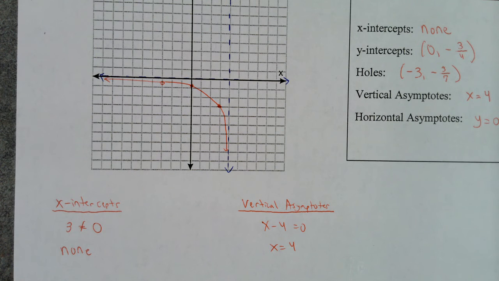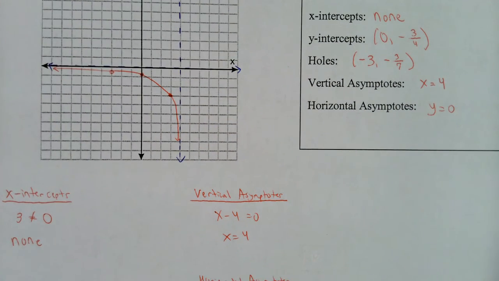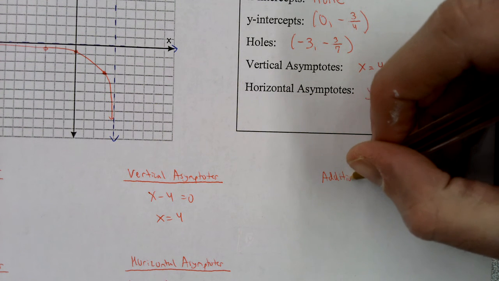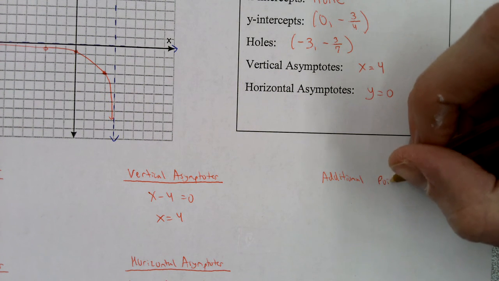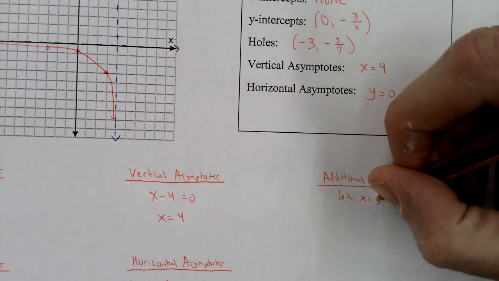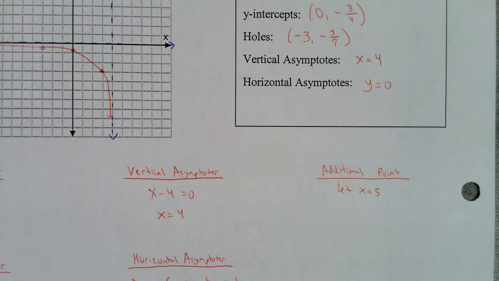Let's see what's going on. So let's get a couple more additional points. Let's do x equals 5. And maybe we'll do one more after that. So we have 3 times x plus 9 for the numerator.